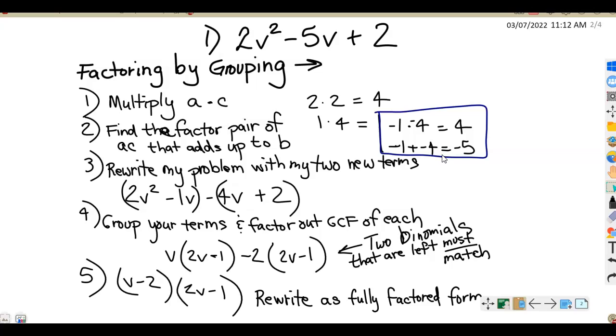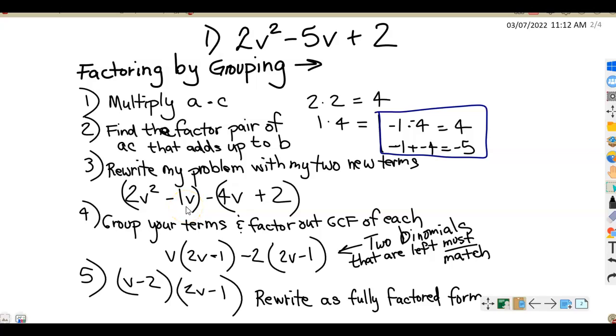Next, you group these 2 and these 2. Notice how the sign isn't left in the middle. And you factor out a GCF from each binomial. So here we have 2v squared minus 1v.